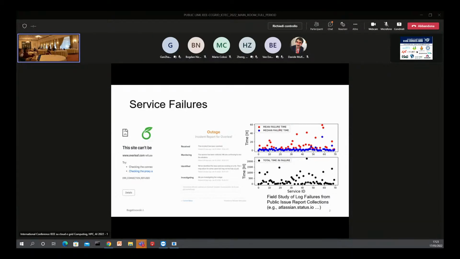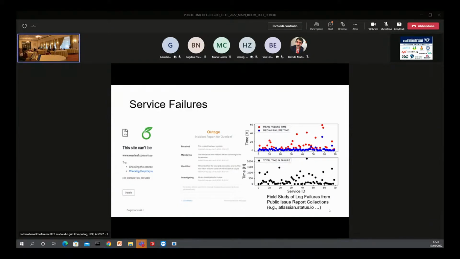Although the majority of the services have failures lasting 20 minutes to 1 hour, quite a lot of them have a mean failure time of more than 20 hours.